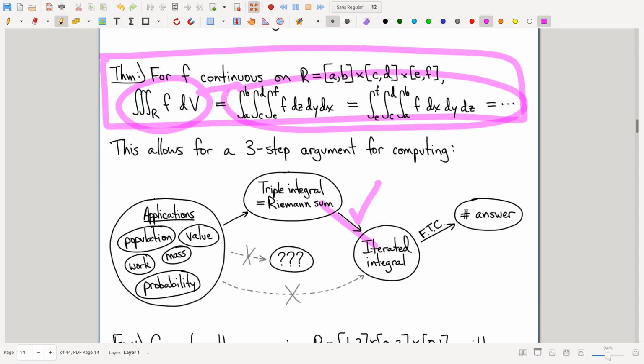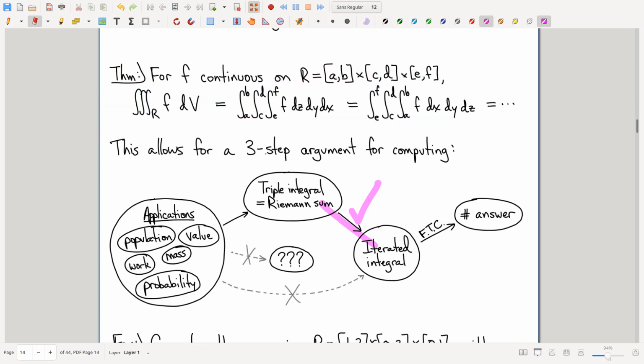Okay, so just like with double integrals, we can't relate the application directly to 4-dimensional nonsense that we can't even understand in the first place. And just like with double integrals, we also can't just go straight to iterated integrals because the units don't work out in the individual integrals on the inside. So with the understanding that those are non-starters, how do we get from a question to an answer?